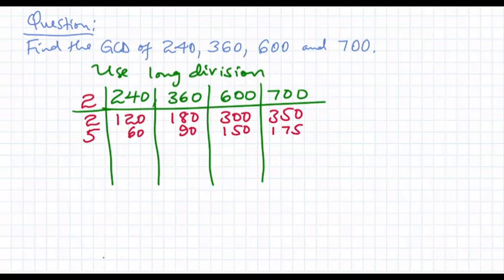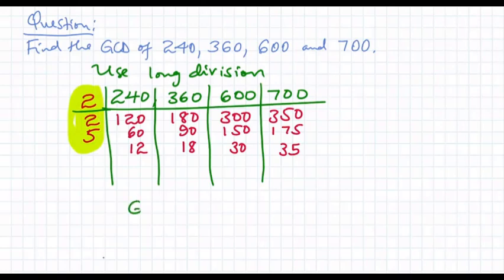So dividing by 5, we get 12, 18, 30, and 35. From there, all these numbers cannot be divided by the same number, so we ignore them, and then we end up multiplying the factors or the divisors.